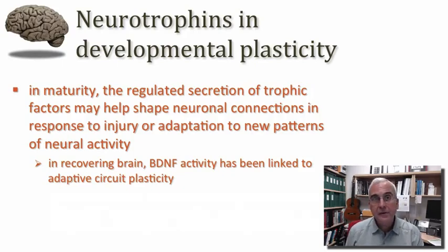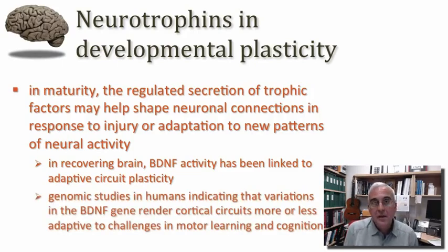What I find especially fascinating are recent genomic studies that suggest that as human beings, there are variations in our BDNF gene that might render cortical circuits more or less adaptive to motor challenges or cognitive challenges, and especially in our capacity to respond to injury. So neurotrophins may provide us with a wonderful therapeutic opportunity to increase the adaptive plasticity that might facilitate functional recovery following injury to the brain.